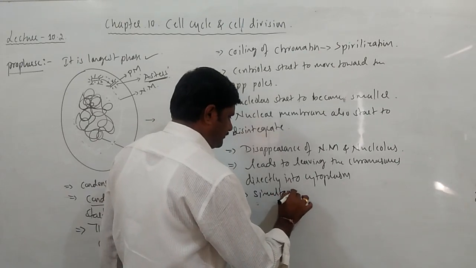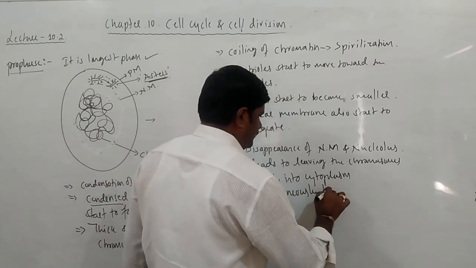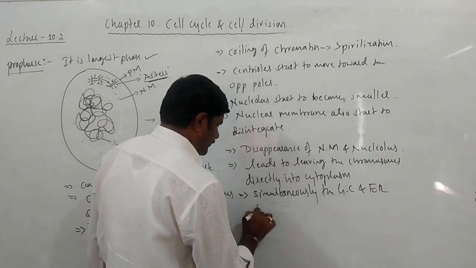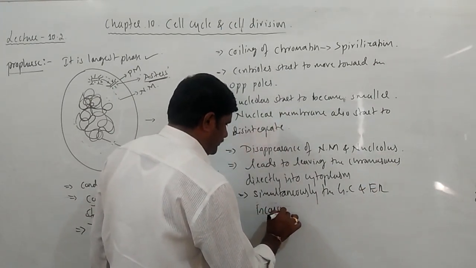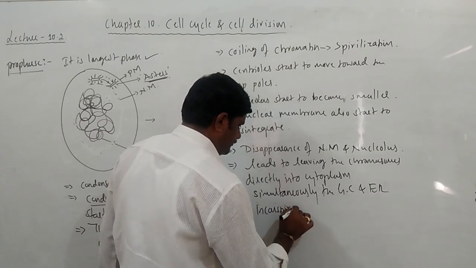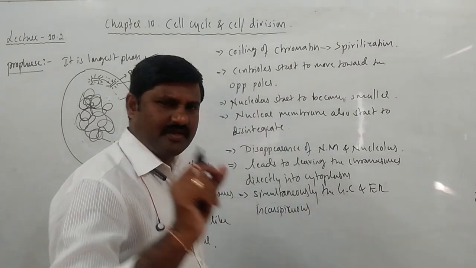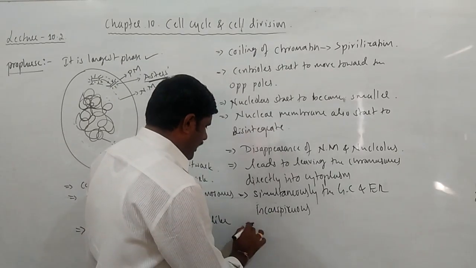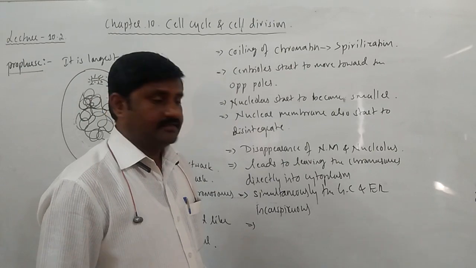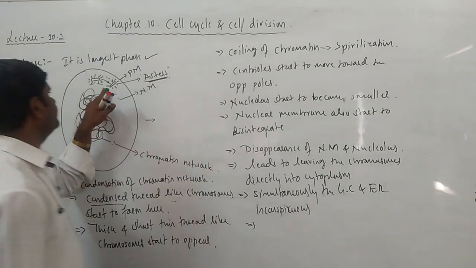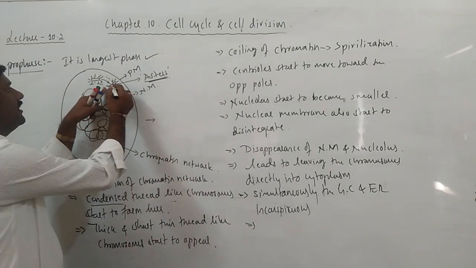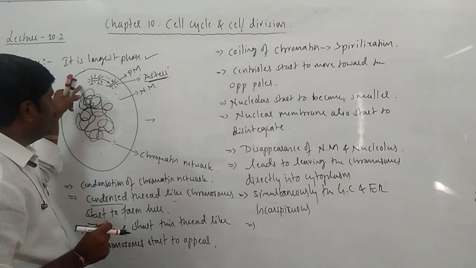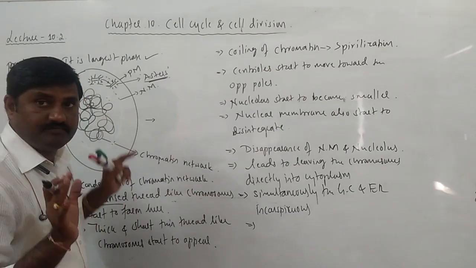Simultaneously, the asters forming the spindle fibers takes place only in the case of the animal cell, not in the case of the plant cell.